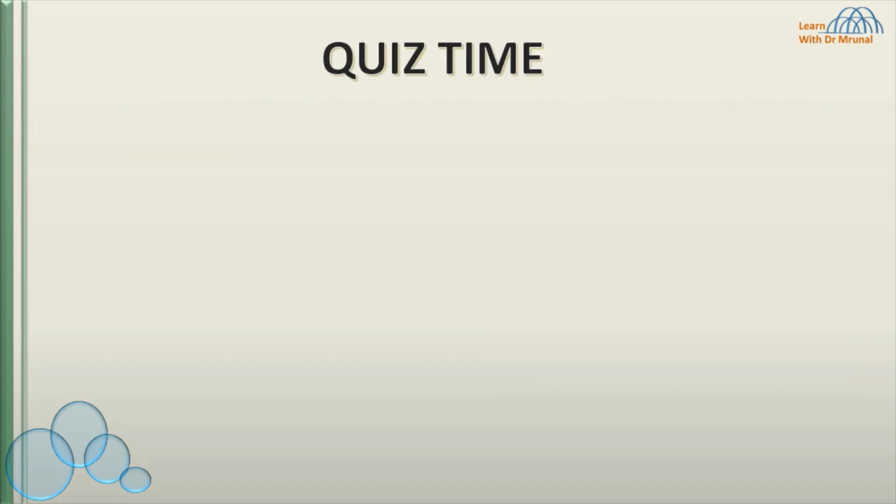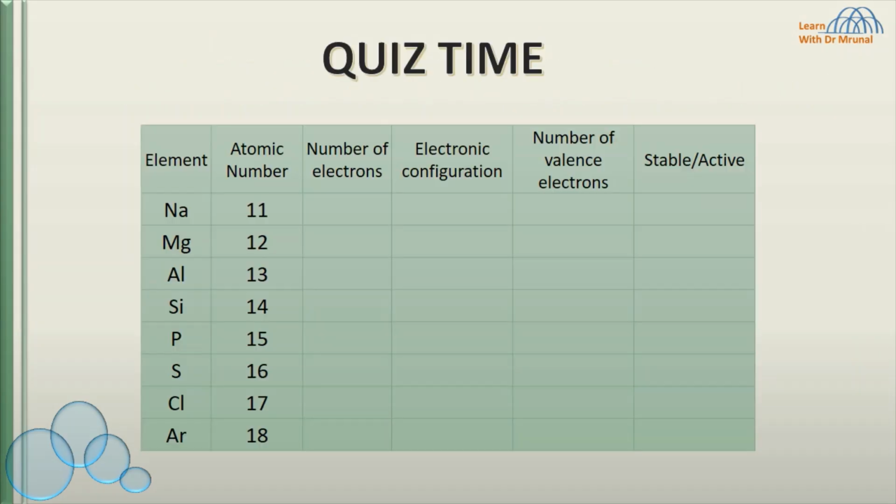I have few questions for you. Here few elements and their electronic configuration are given. We have to find out how many valence electrons are present in these atoms. Sodium, as we know, its atomic number is 11 and its electronic configuration is 2, 8, 1. Sodium is having one valence electron and it is active.